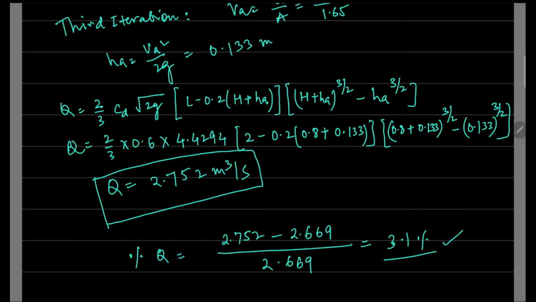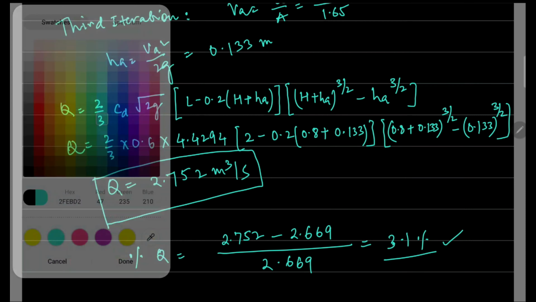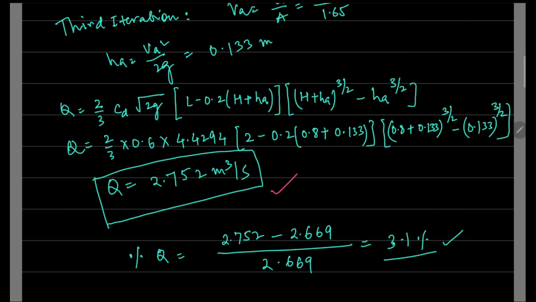So this answer you can adopt as a final answer. However, if you want to go for a more precise answer, you can go for the fourth iteration. So that's how such kind of problem should be solved when the end contraction is also involved along with the velocity of approach. This is a very complicated problem.